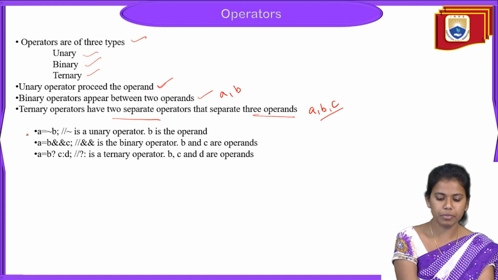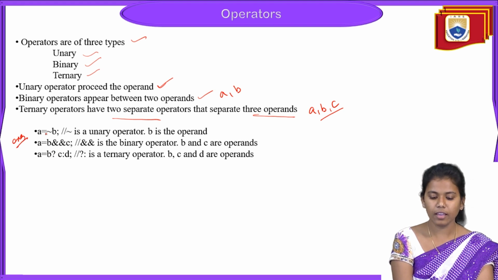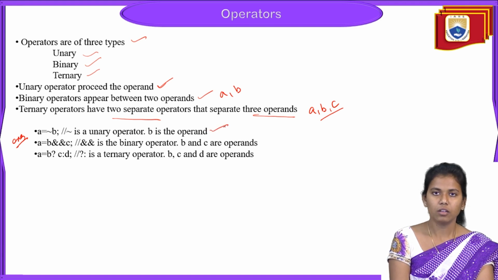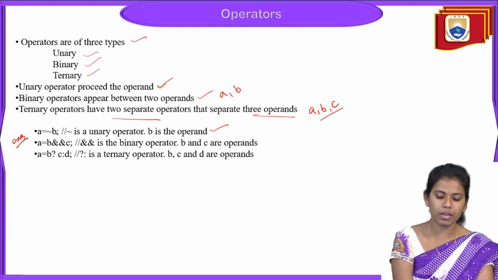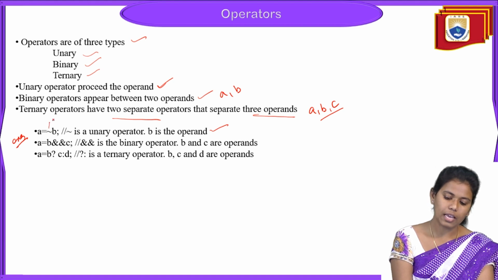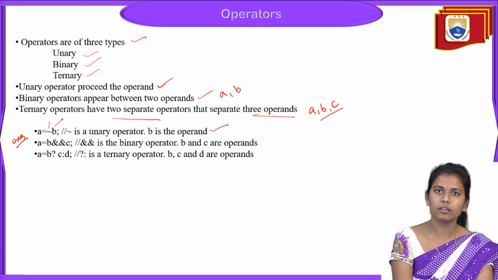So here is an example. In this particular example, A is equals to not B. Not is a unary operator, B is an operand, isn't it? So we see only one operator, that is not, and only one operand, that is B.